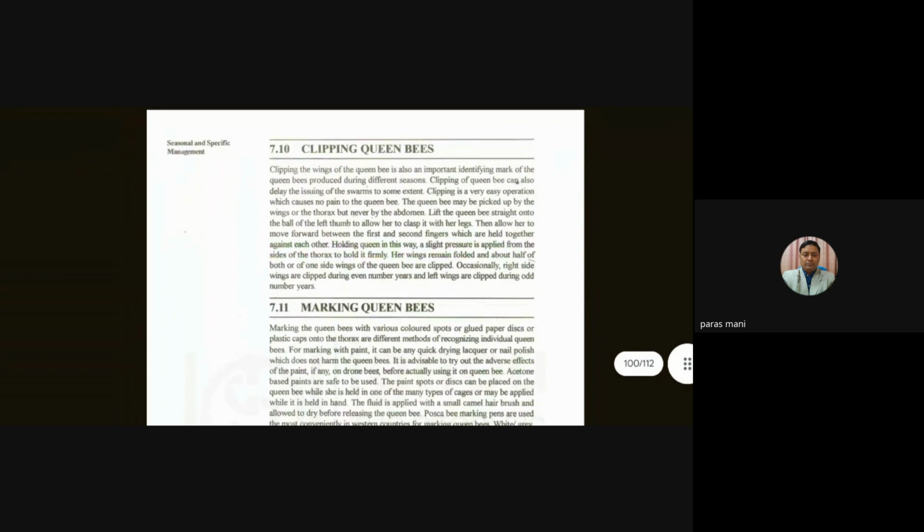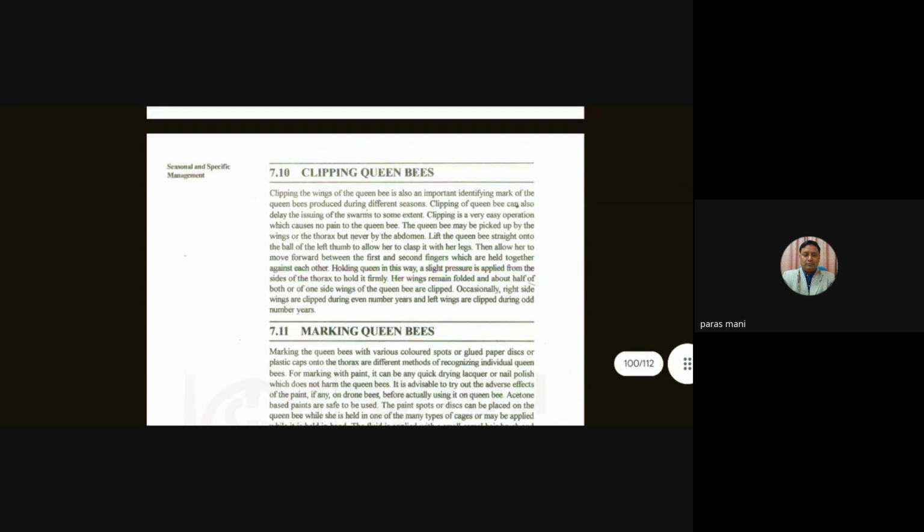Okay. Clipping of queen bees is another operation after introducing the queen to the new or desirable colony. The wings of that new queen will be clipped in commercial beekeeping with respect to Apis mellifera.